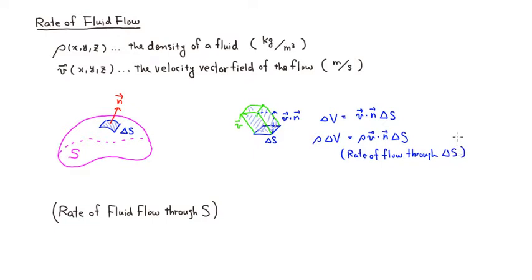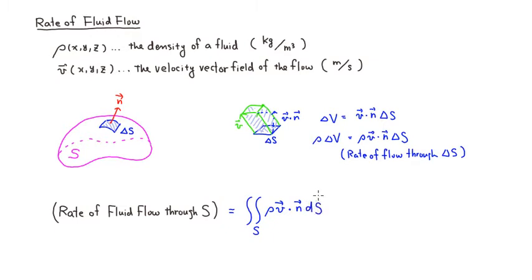Then if you want to find the rate of flow through the entire surface S, you basically have to add them up using an integral. So if you're looking for the rate of fluid flow through the entire surface S, all you have to do is the surface integral, a double integral over the surface S. Then you have the density times the velocity vector, dotted with the unit normal vector of the surface, and delta S becomes dS.